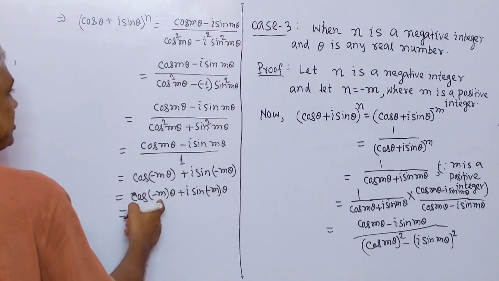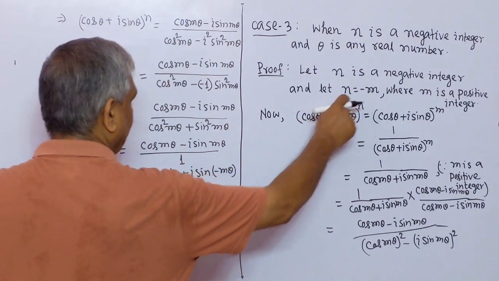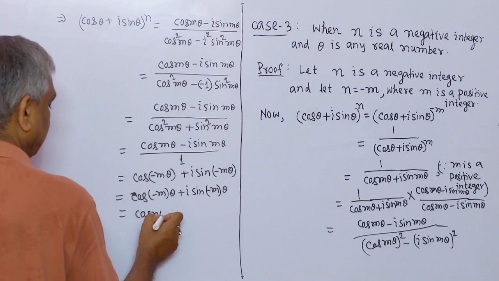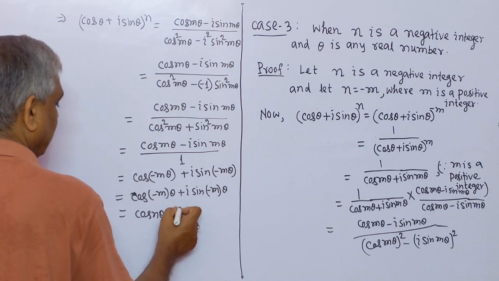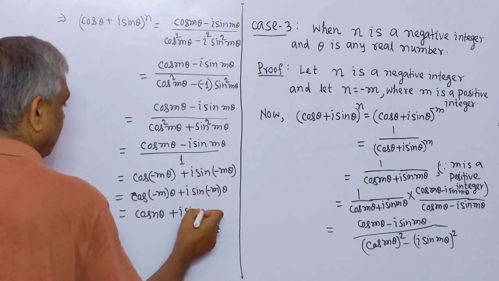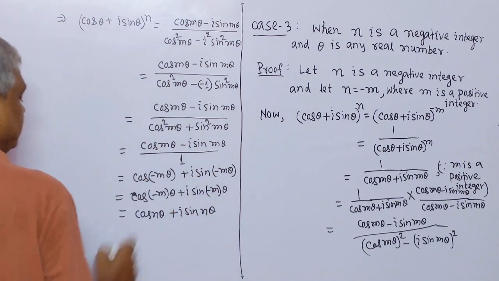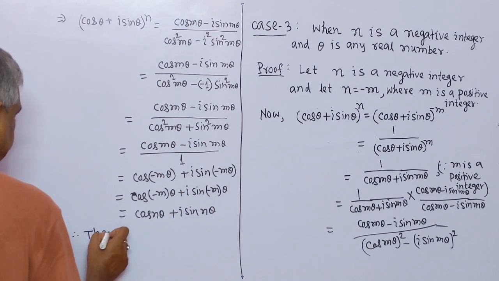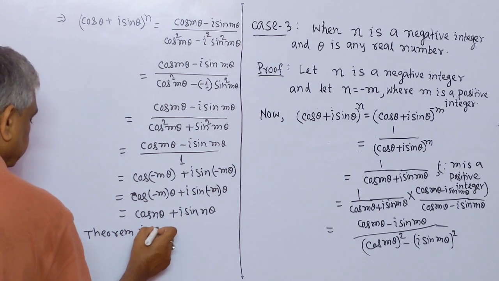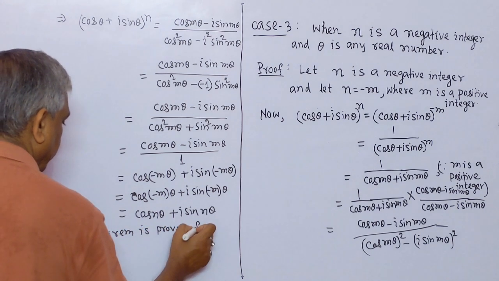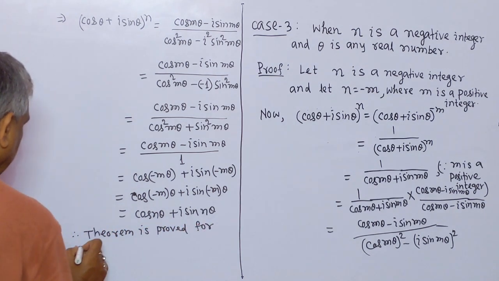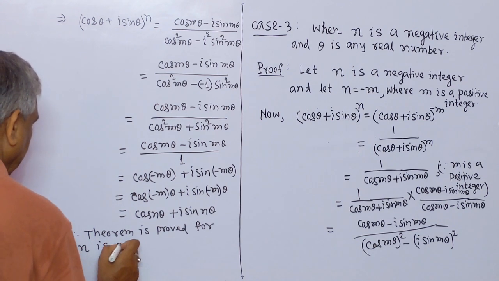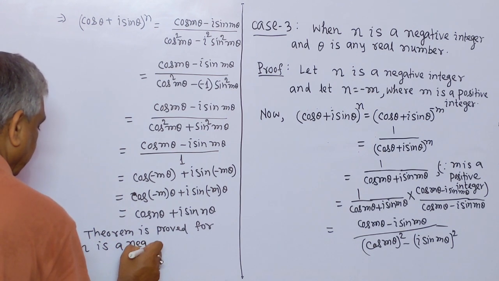Since minus m is n, so this will be cos n theta plus i sin n theta. Therefore, the theorem is proved for n is a negative integer.